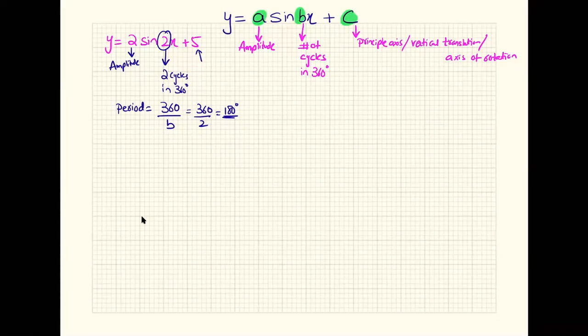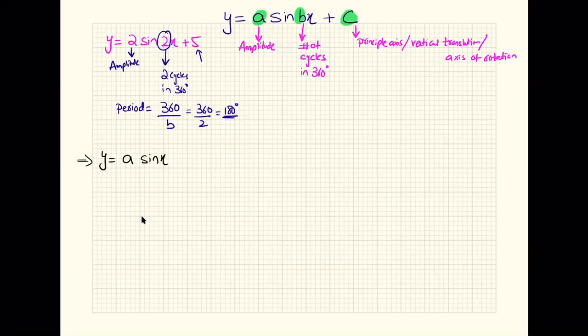Okay, so step by step, the first thing that we are going to see is how the graph of sin x changes when you have a change in the amplitude. So for example, your equation changes from sin x to a sin x, where a is responsible for the change in amplitude.